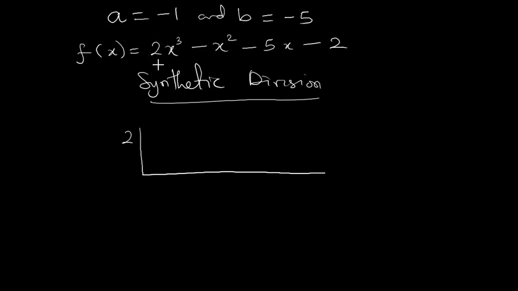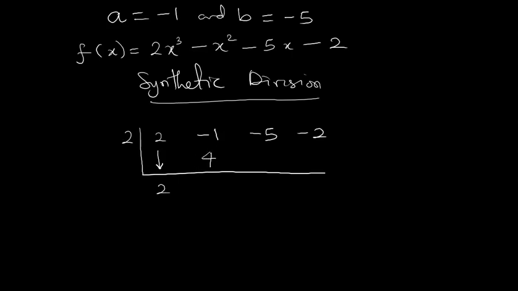So we just have to write out all the coefficients of this, and the constant, minus 5 and minus 2. So we have 2, minus 1, minus 5, and minus 2. The first is to take this down. Then we have 2 times 2, and that's 4.